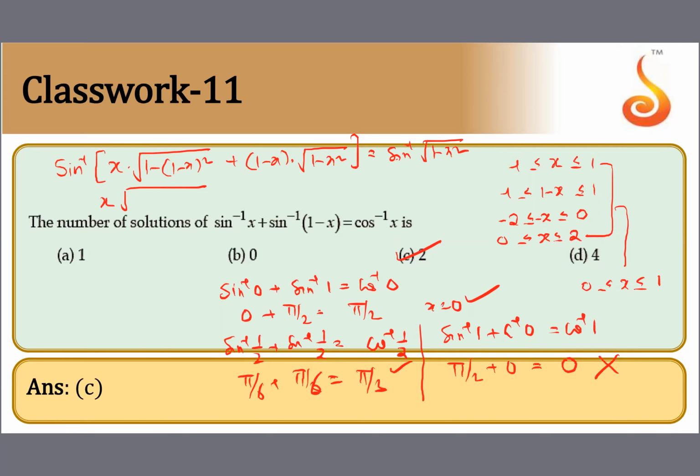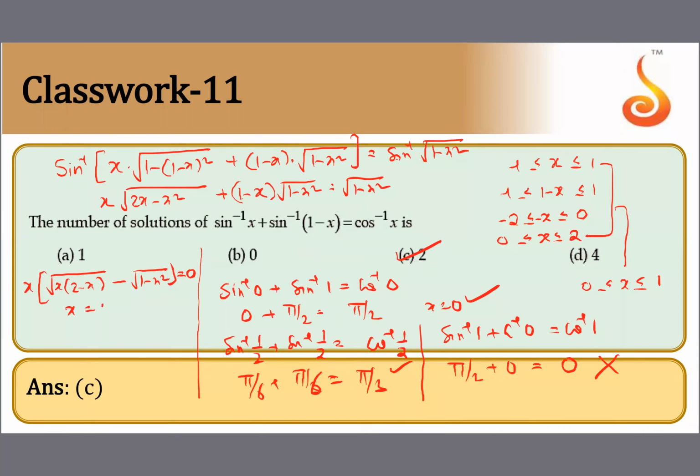You get 2x minus x square plus 1 minus x into under root of 1 minus x square equal to under root of 1 minus x square. Okay. So then further you solve, you'll get the equations. Because root 1 minus x square will cancel. Okay. So we get x common, under root of x into 2 minus x minus root 1 minus x square equal to 0. From this we get x equal to 0.